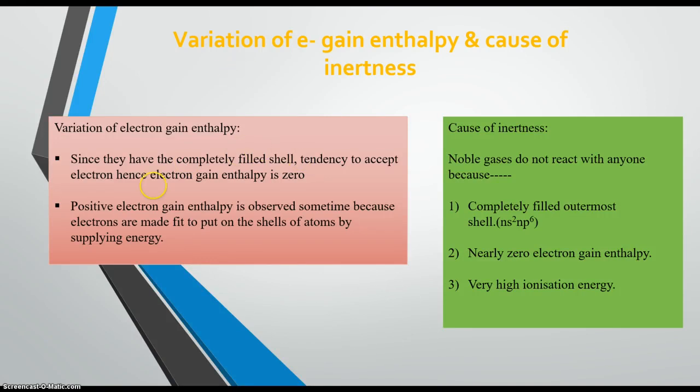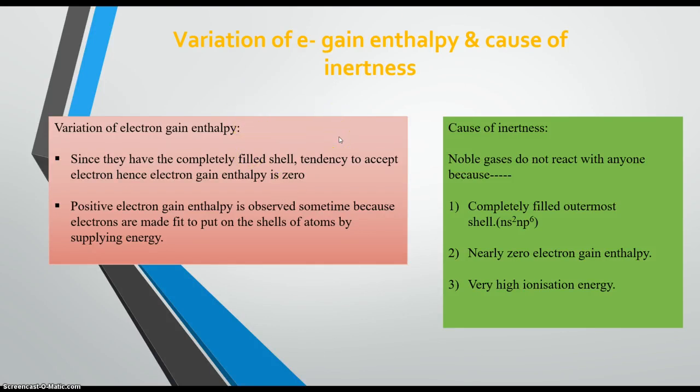So there is no vacant orbital available to accept electrons from other elements, and that's why they are very reluctant to react with other species, and the tendency to accept electrons is very much less. Rather, we can say the tendency to accept electrons for these group 18 elements is taken to be 0. That's why the electron gain enthalpy of these elements is taken to be 0.